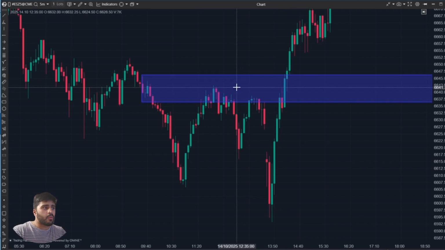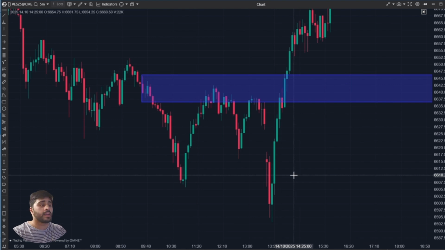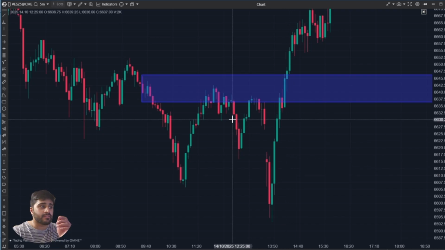Now, why does a resistance form? Because sellers are in control. How do you know sellers are in control? Because aggressive buyers fail. How do you know aggressive buyers fail? Because you read the aggressive buyers and the market moves down when there's buying at the zone. Here's our zone. The reason a resistance forms is because buyers fail.